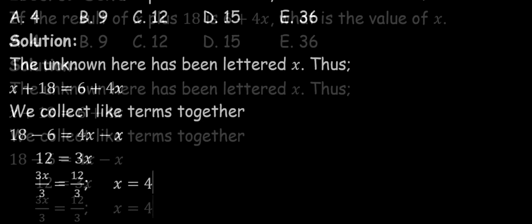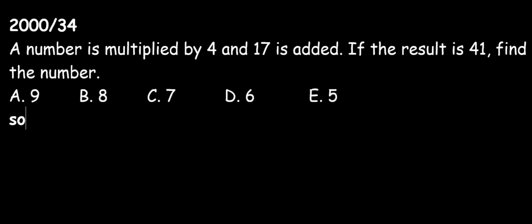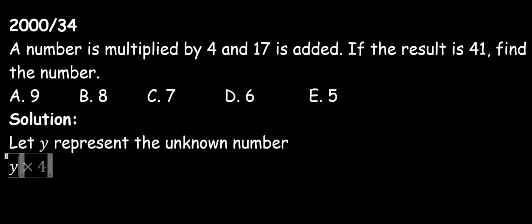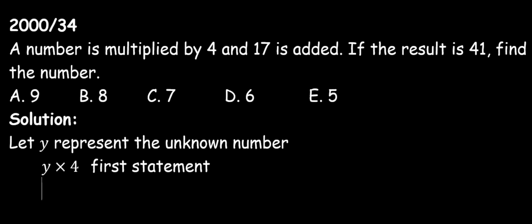Another example. A number is multiplied by 4 and 17 is added. If the result is 41, find the number. The options are given. Let y represent the unknown number. Then our first statement is y times 4. Next, the second statement is y times 4 plus 17.